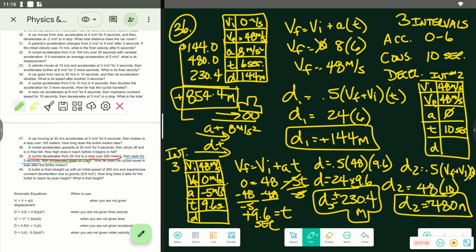Distance traveled. Right, and if he's at rest, what's the distance? 0. Okay, so keep that in mind as you're doing this, and then it accelerates again. At that point, you need to figure out what's going to be the final velocity. You're starting from rest. The final velocity is going to be 20 meters per second, because that's what he got up to in the first part. All right, questions?